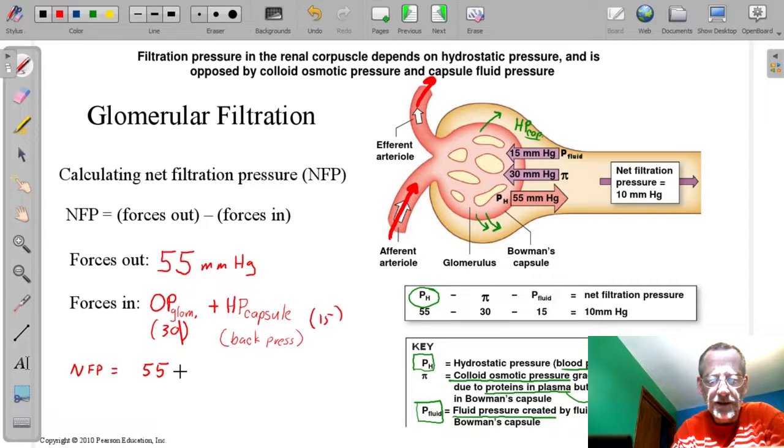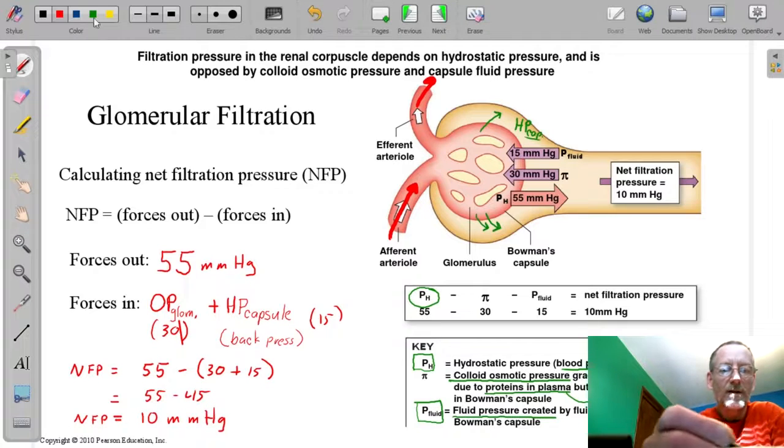So we have 55 minus 30 plus 15. And that equals 55 minus 45. And our NFP equals 10 millimeters of mercury. So hopefully you're comfortable doing that.